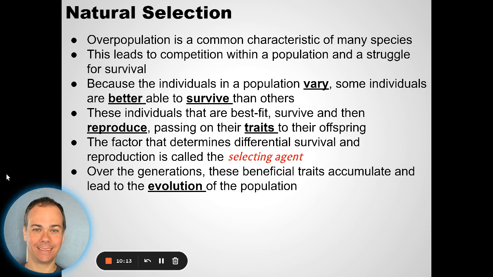But over many generations, helpful variations become more common in the species. Okay? And any variation that's less helpful will become less common because those individuals won't survive as well and won't reproduce as much.